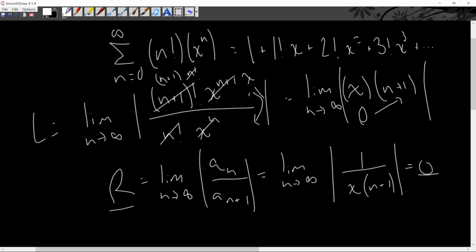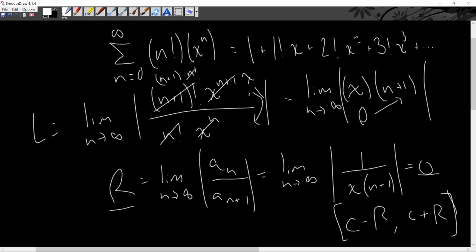And if you get a radius that is equal to infinity, then, of course, it converges for all x. If you get a radius that's equal to 0, it only converges when x is equal to 0. And depending on what the radius is, you can do c minus r to c plus r, and then plug in these values.